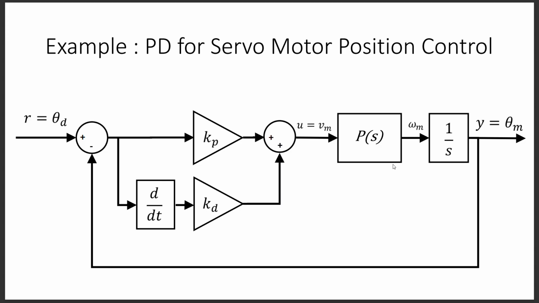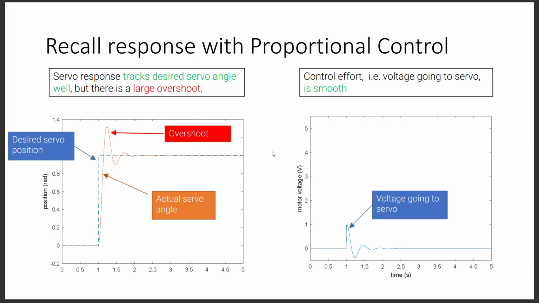Let's see what happens to our servo motor of the previous example in the proportional control. So this is what we had. Recall that the response of proportional control was this. It was oscillatory when we used the proportional control, and the voltage here, the control action we used, was smooth.